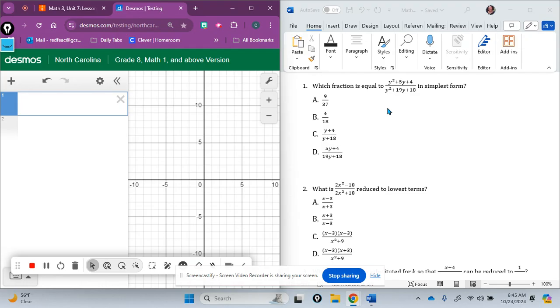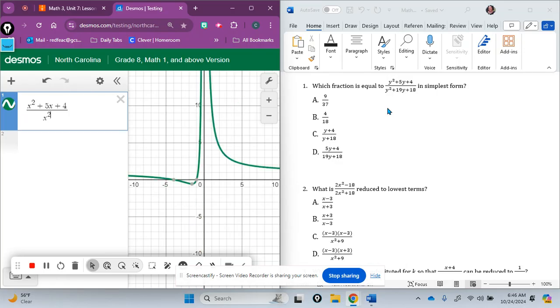So I'm going to type in my division sign first, and then x squared plus 5x plus 4 over x squared plus 19x plus 18.